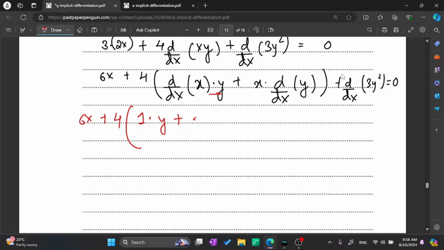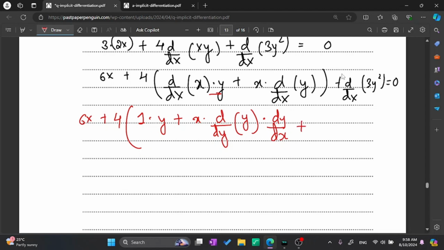When we apply the chain rule, we can write this as d over dy of y times dy over dx. What this does is we can cancel the dy on the numerator and denominator. So this expression becomes what it was on the previous step. So now we can easily differentiate this.